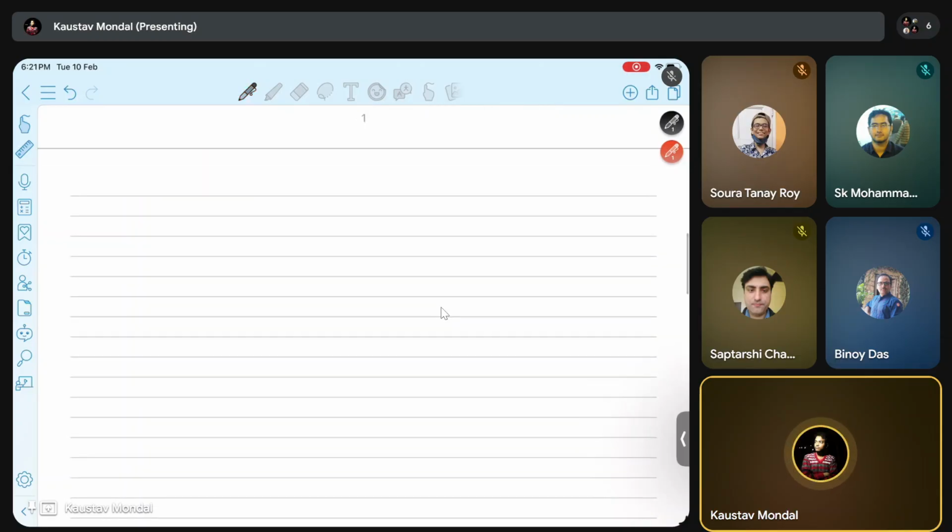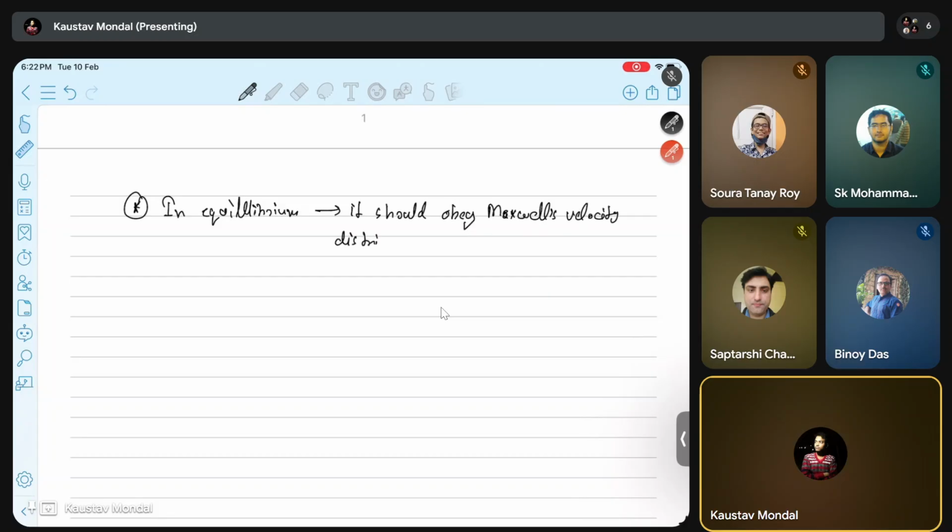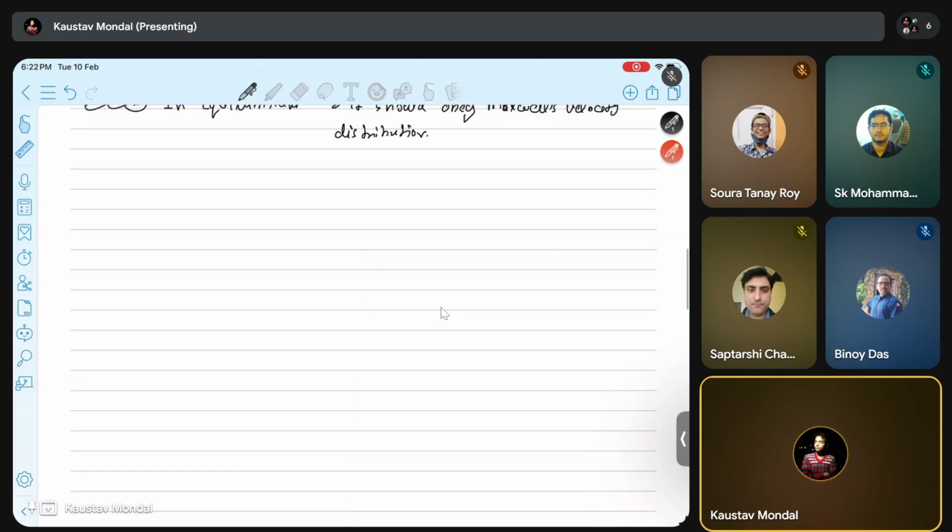Let's assume that in equilibrium, whatever the gas or fluid, it should obey Maxwell's velocity distribution. This is a very important rule that the gas or fluid has to obey. First transport property is the viscosity.